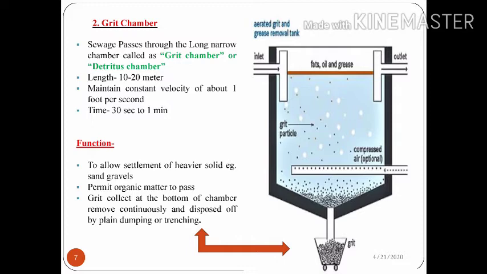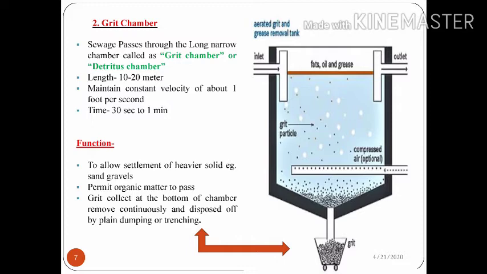The function of this grit chamber is to allow settlement of heavier solids such as sand and gravel while permitting the organic matter to pass through. The grit which collects at the bottom of the chamber is removed periodically or continuously and disposed of by plain dumping or trenching. Next slide.